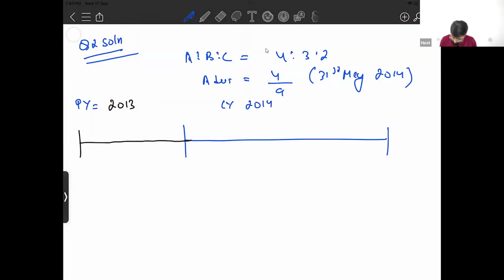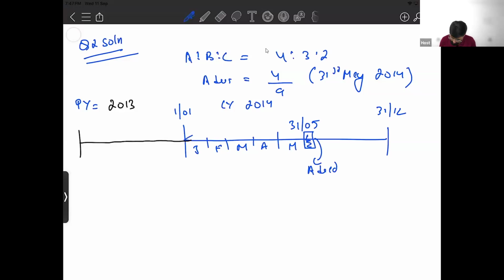The year starts from 1st January and ends on 31st December, and A died on 31st May. Draw January, February, March, April, and May. A died here.